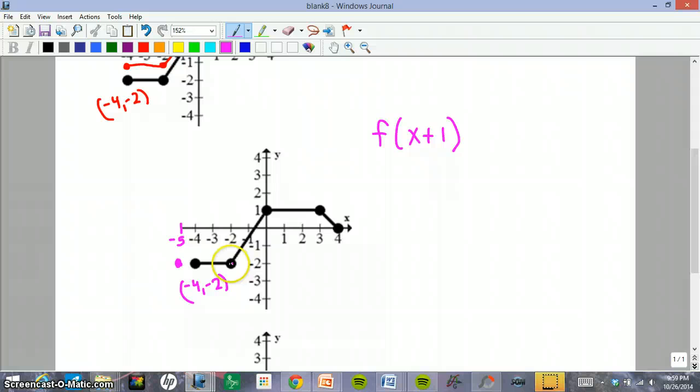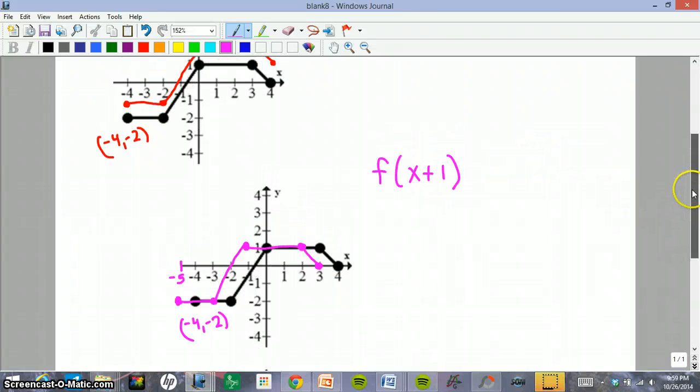Move this one left 1, this point left 1. Connect those. And last, 4, 0 becomes 3, 0. There we go. So that's the graph of f of x plus 1.